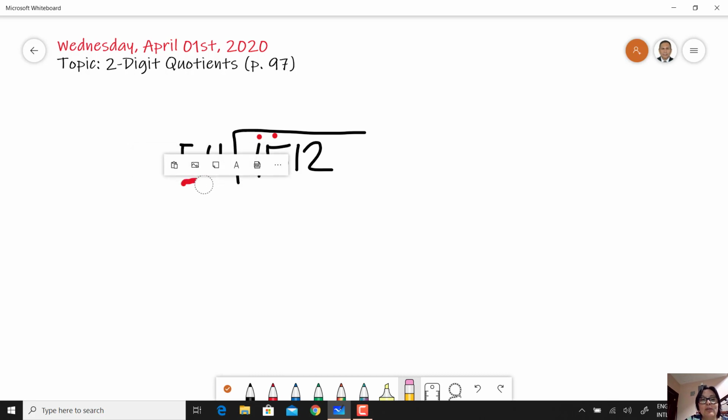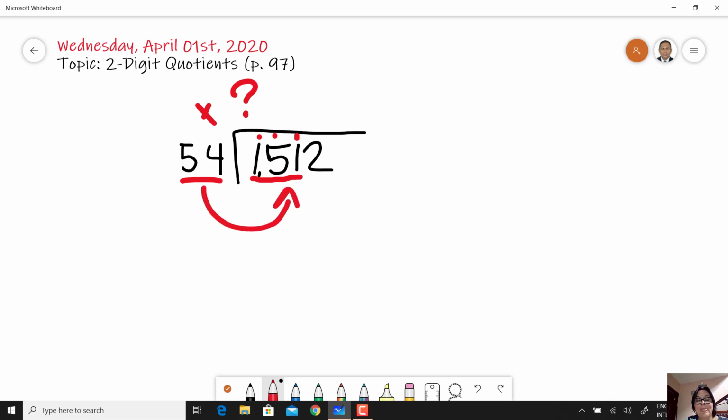So we have to take another number. So we are going to take number 1 also. Now we have 151 divided by 54. So what number is going to be here in the quotient that you can multiply times 54, and it's going to be 151 or close to 151.